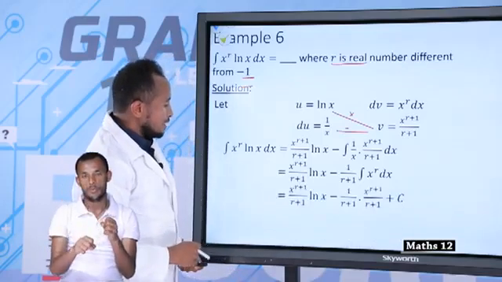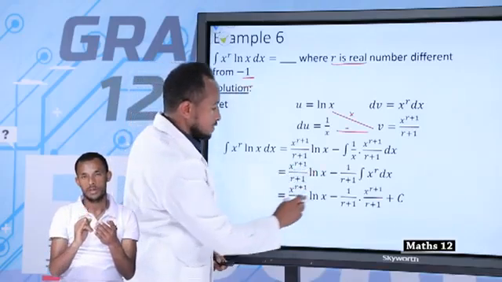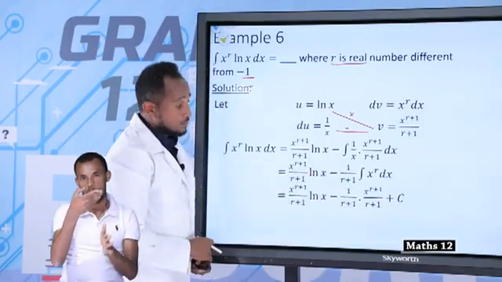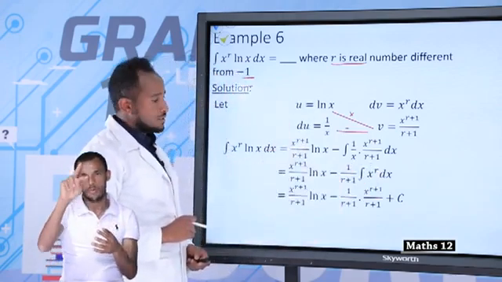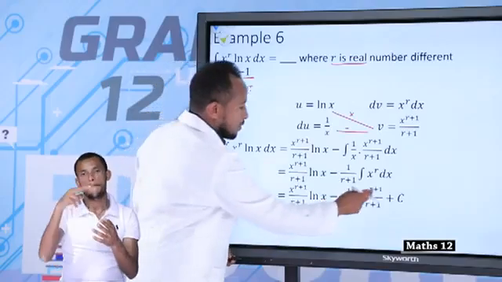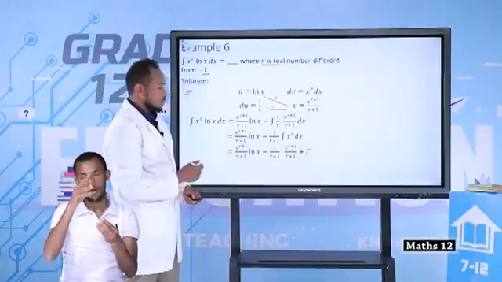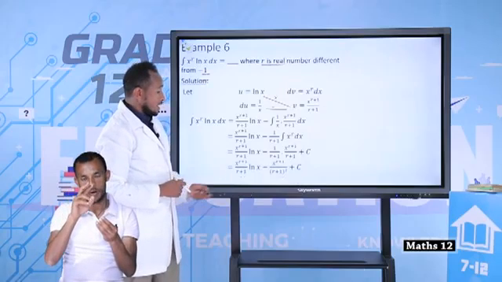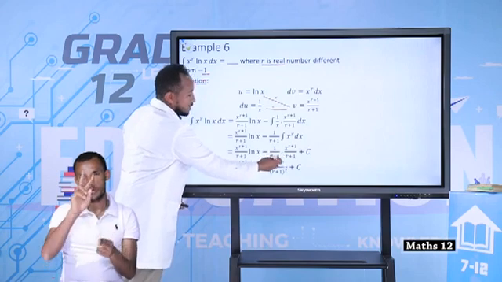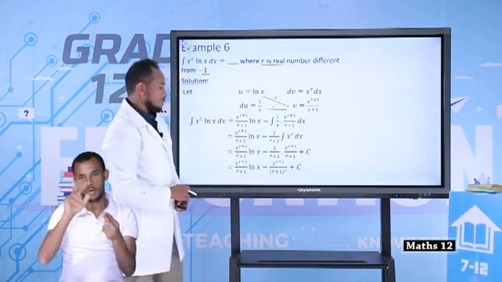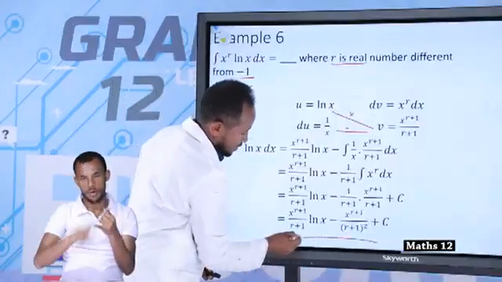So finally, you will have this as it is, minus 1 over r plus 1 times the integration of x to the power of r, it's a power function, x to the power of r plus 1 over r plus 1 plus some constant c. So this will be the answer, just multiplying these two, r plus 1 times r plus 1 is r plus 1 the whole squared. So this is the final answer.